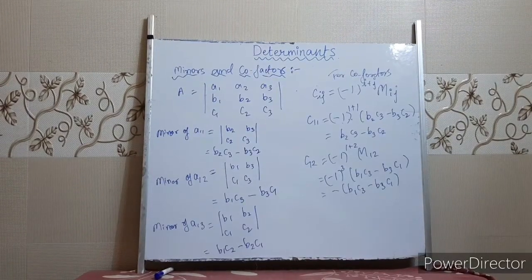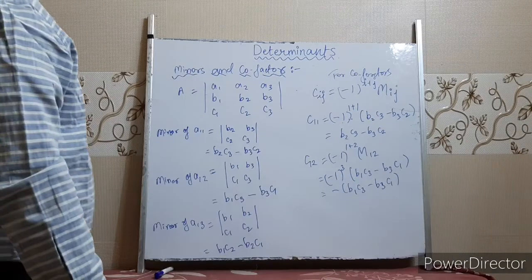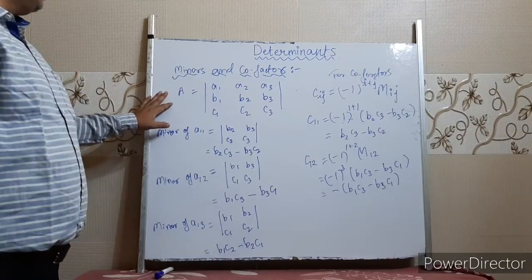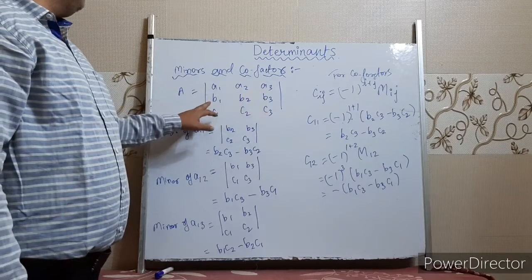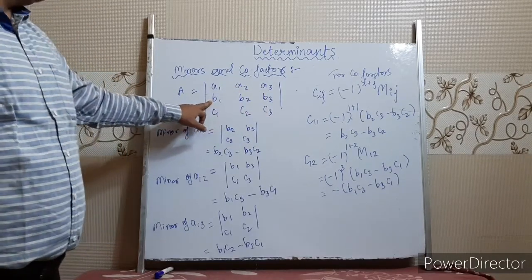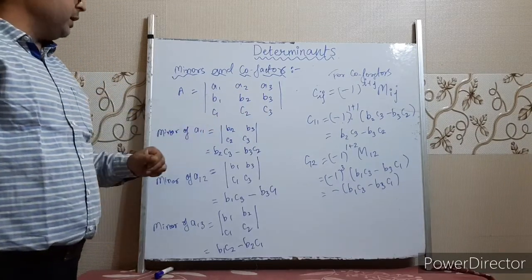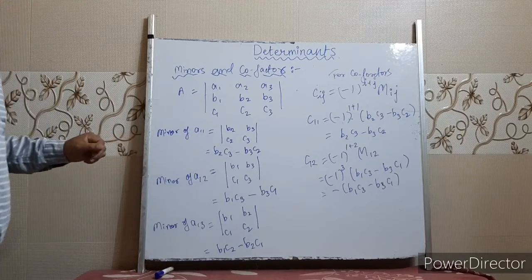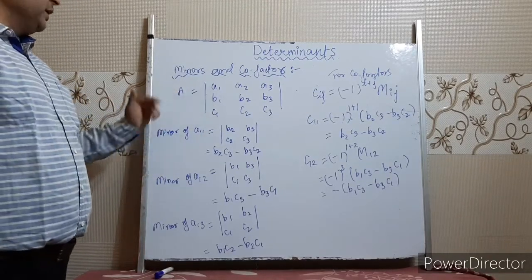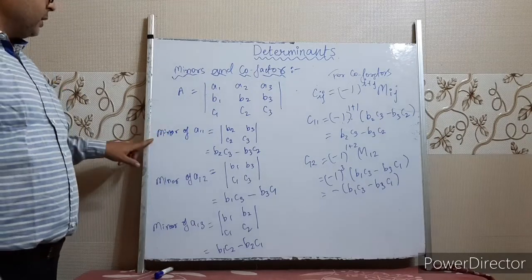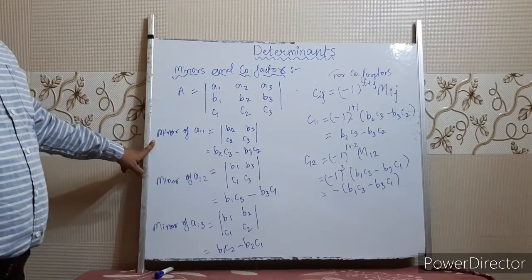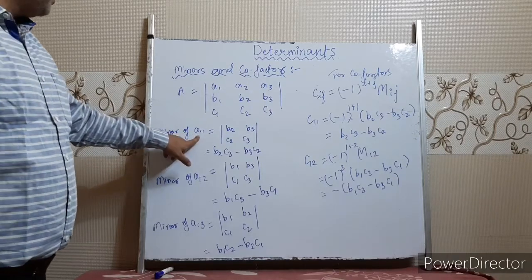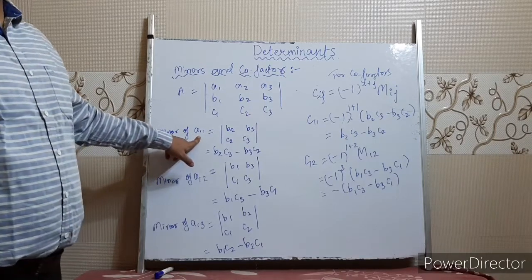Now, children, we study minors and cofactors. Suppose there is a determinant A which has row 1: A1, A2, A3; second row: B1, B2, B3; third row: C1, C2, C3, and we have to calculate the minors of this determinant, right? Suppose we are calculating the minors about row 1. Minor of element first row, first column.